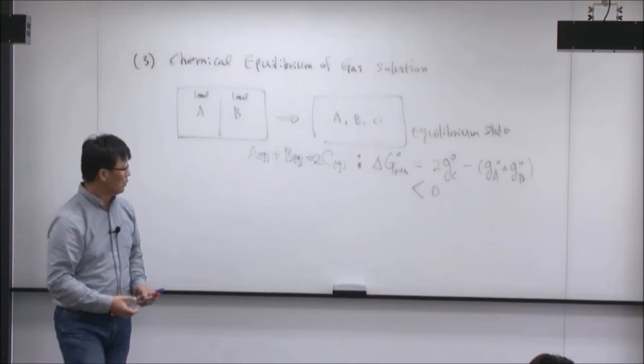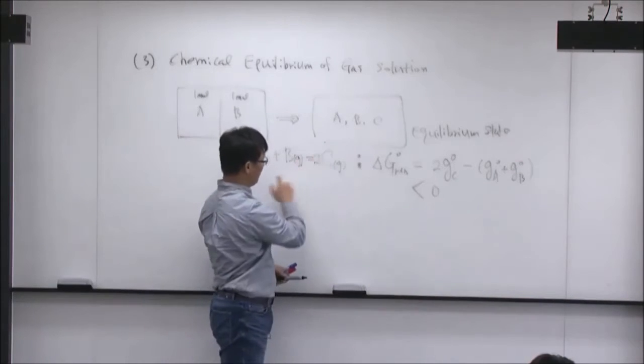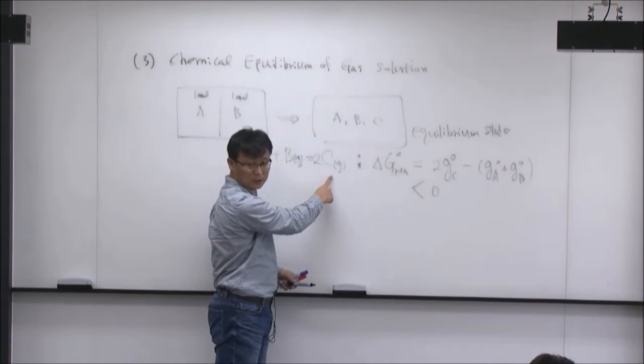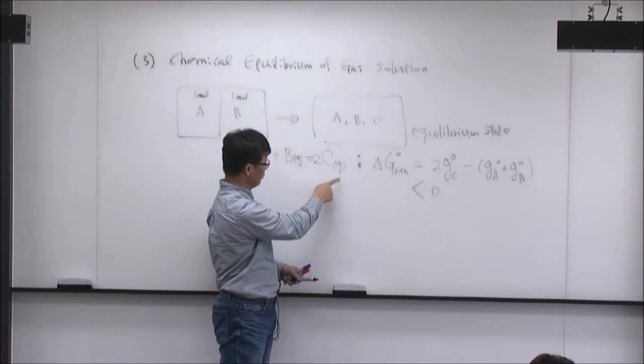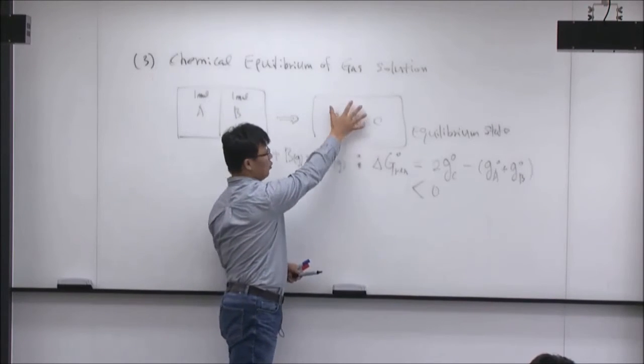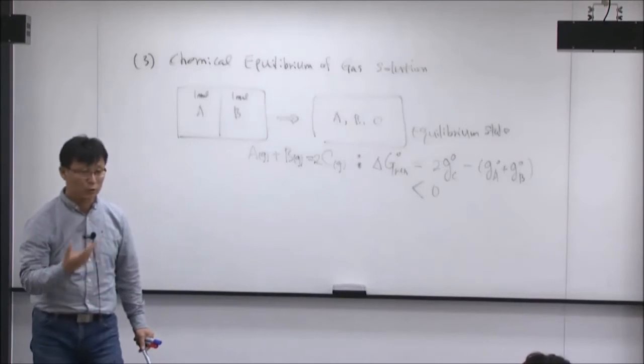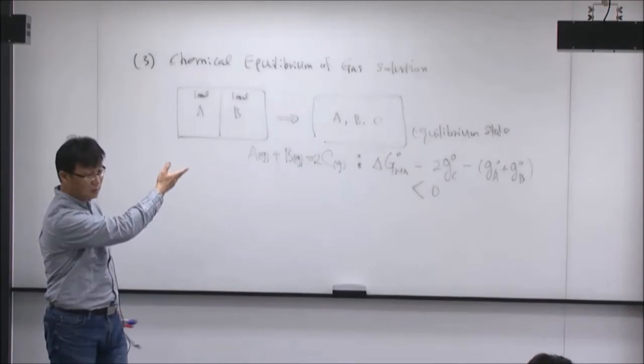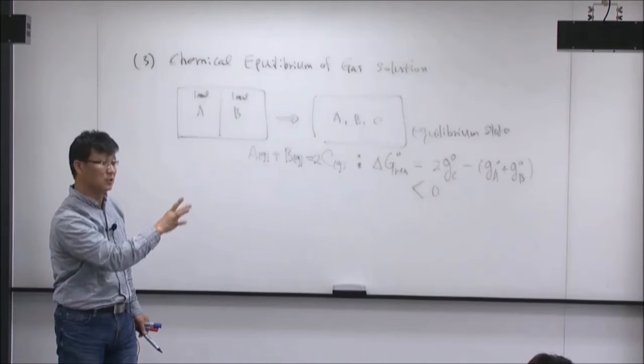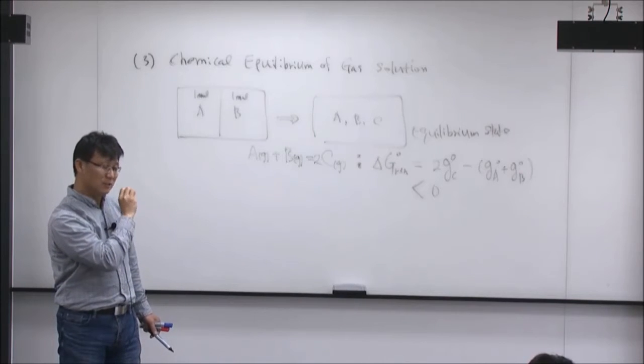Okay? So when you have A, B, C, all of them solid, and C has the lowest Gibbs energy, then by making them react together to produce C, only C phase is the lowest energy state. That's a solid phase. But now when you have the gas phase or solution phase in general, that is not very simple.